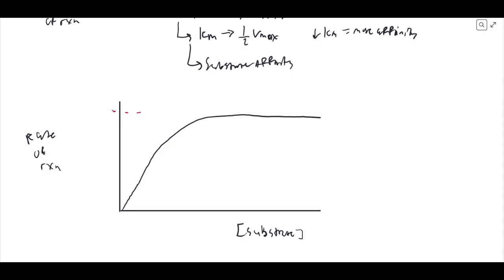So at the point where we have a plateau, this is where we have our Vmax. And because we have our Vmax, we know that 1/2 of the Vmax is where we have our substrate affinity. So let's say this is the halfway point of our Vmax. At this point here, we've identified our Km.